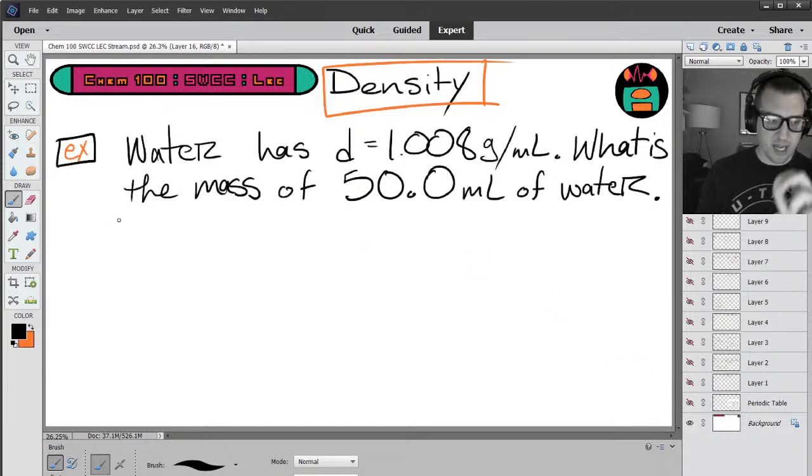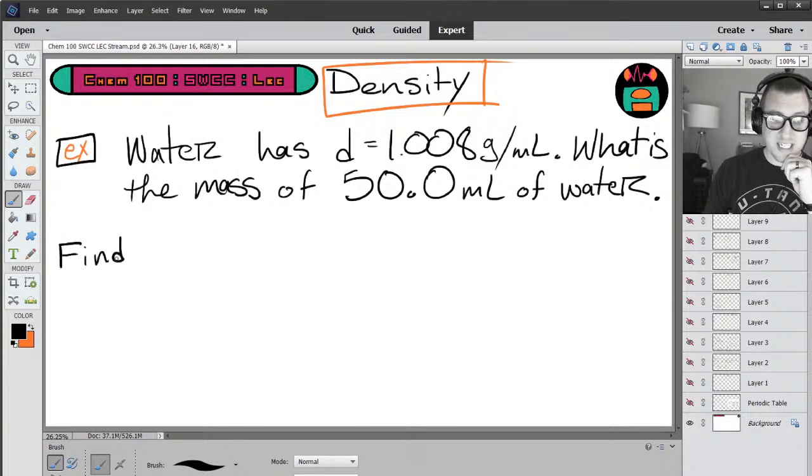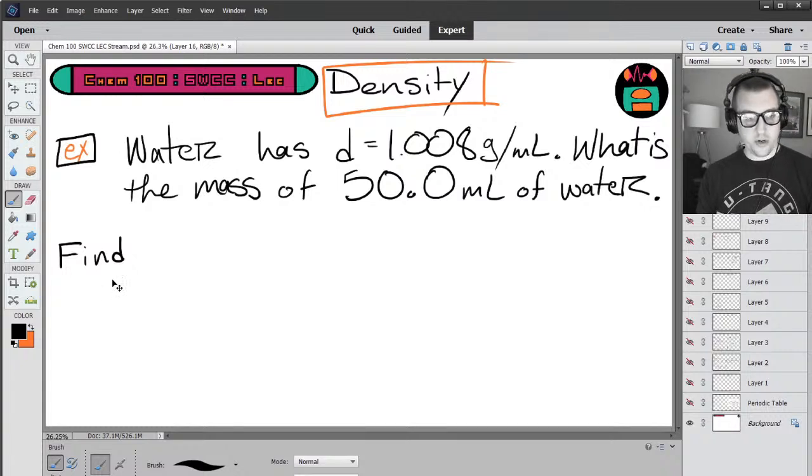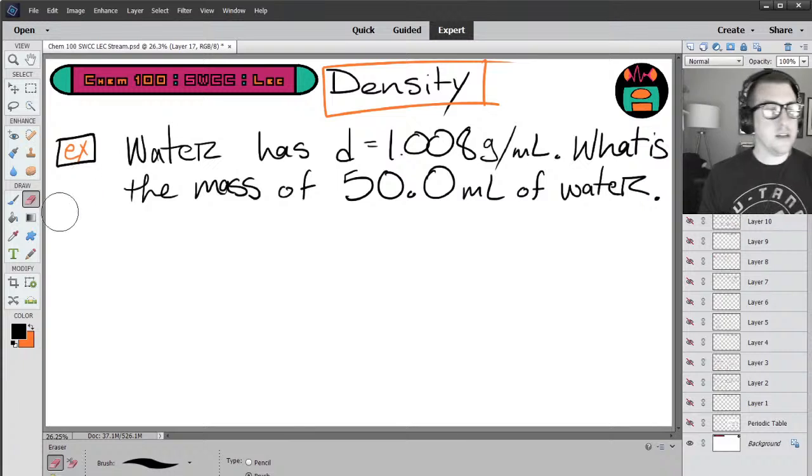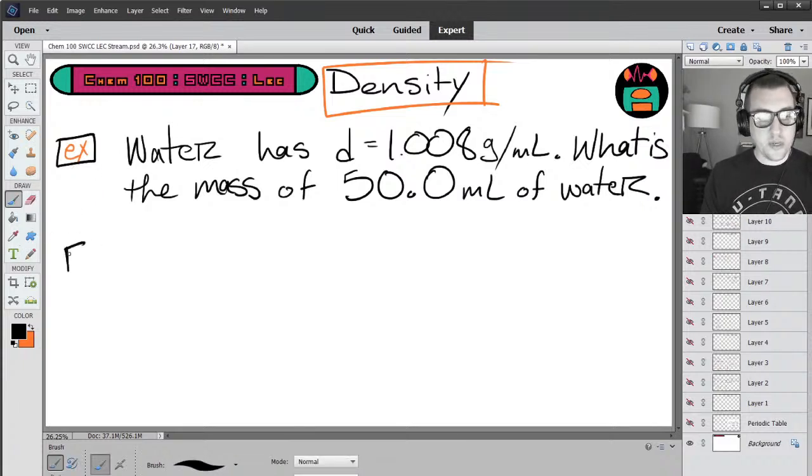And every time you sit down to solve a problem in this class, you should always start with identifying what you're trying to find. Sorry, I need to open this in a new slide. Here we go. You always begin with identifying what you are trying to find.